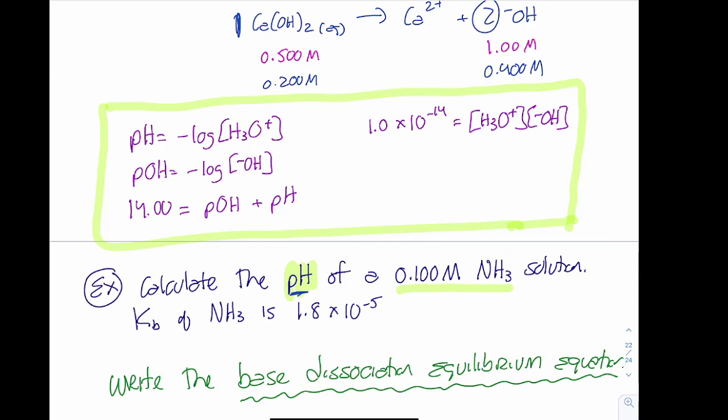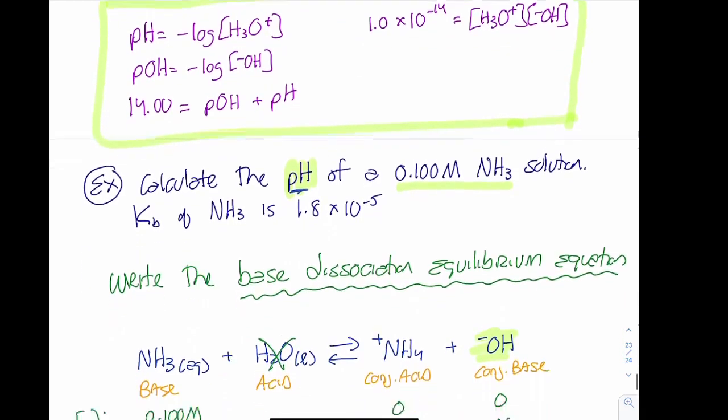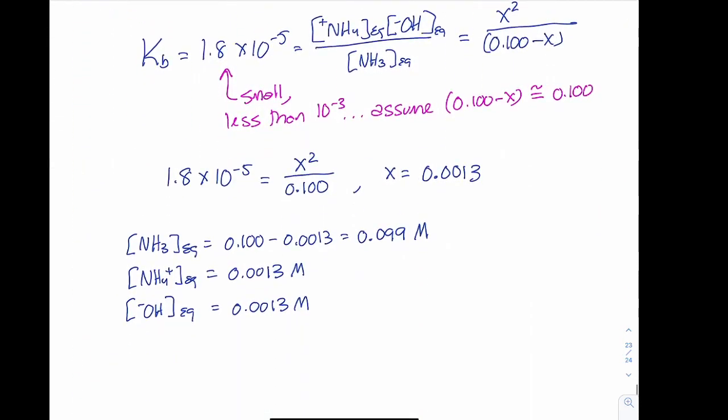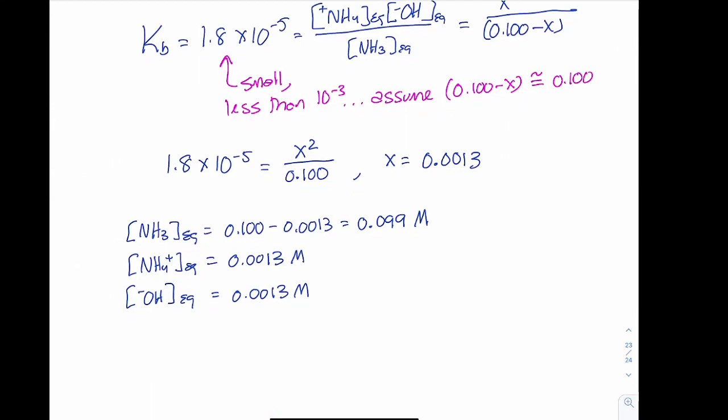So I can use this to determine hydronium ion concentration and then get the pH using this expression. Or I can calculate my pOH and then subtract it from 14. Either way works. I'm going to actually calculate hydronium ion concentration just for practice.